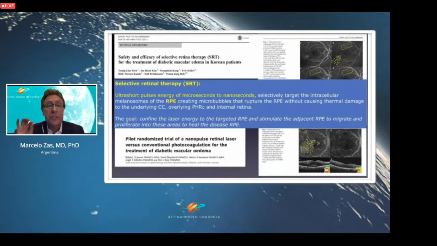With ultrashort pulses of energy, in microseconds to nanoseconds, it selectively targets the intracellular melanosomes of the RPE, creating microbubbles that rupture the RPE without causing thermal damage to the underlying choroid capillaries, overlying photoreceptors, and internal retina. So the goal now is to confine the laser energy to target this RPE and stimulate the adjacent RPE cells to migrate and proliferate into this area to heal the disease.